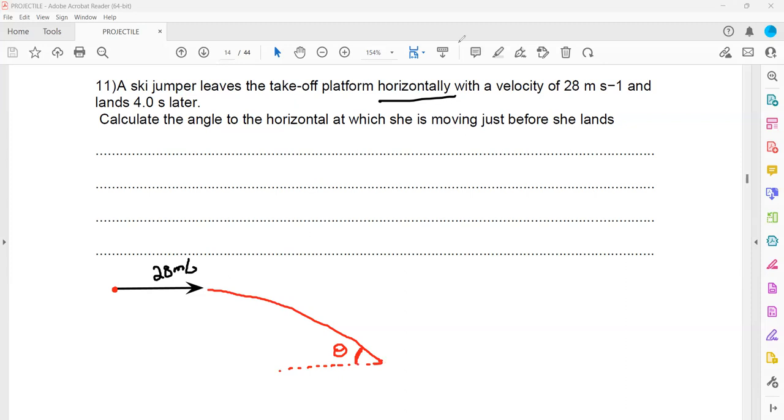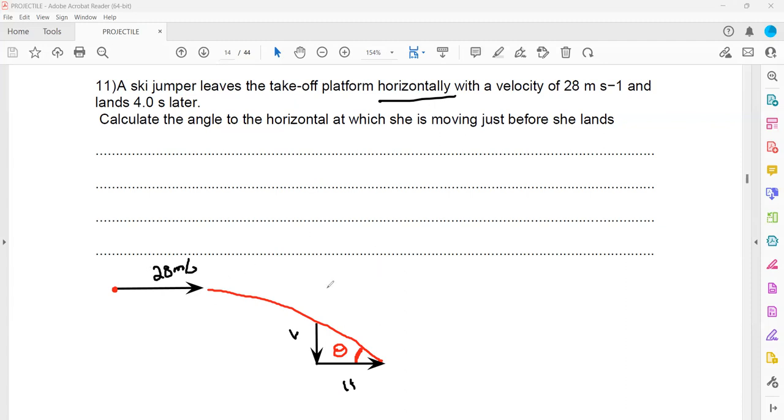Now to get this angle, we need the two components of the velocity, the horizontal component and the vertical component. After having both components, I will simply use the trigonometric ratio tangent theta to work out the angle.